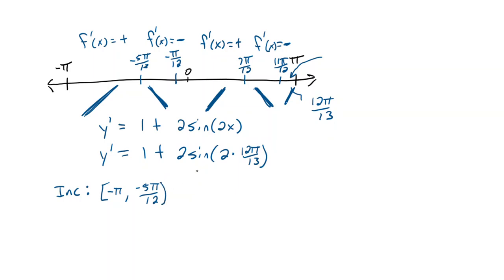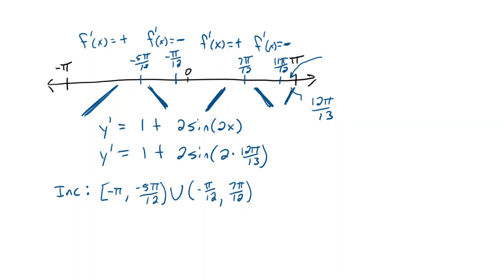So a round bracket, and then unioned with, where is it increasing again? It starts increasing again from negative pi over 12 until 7 pi over 12, not including either of those.